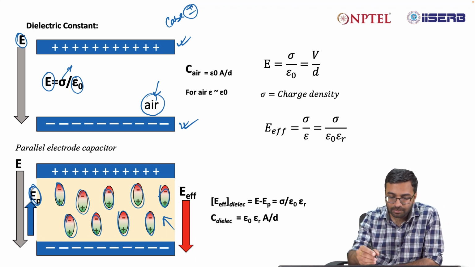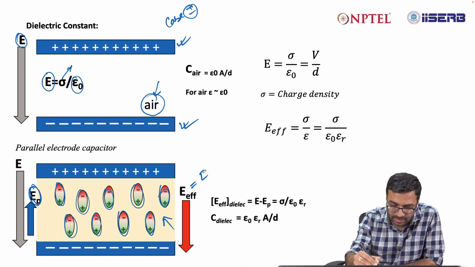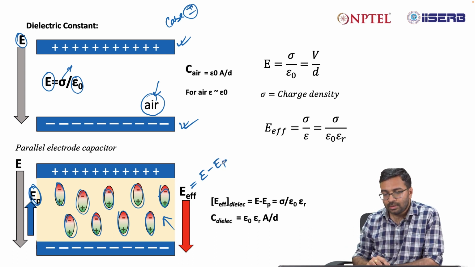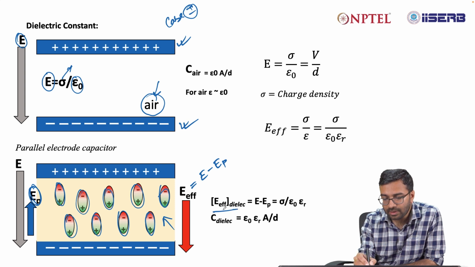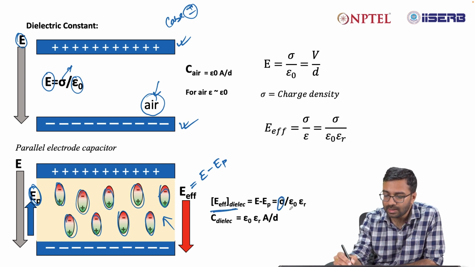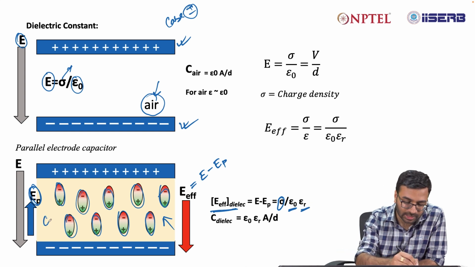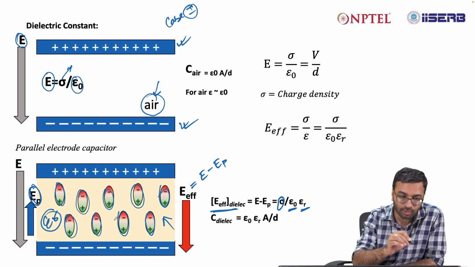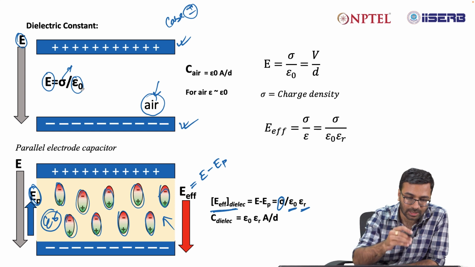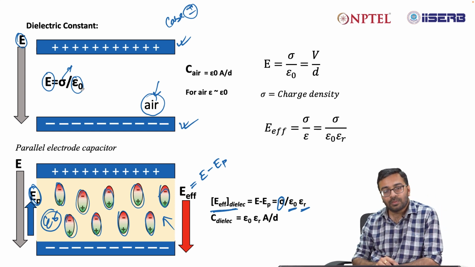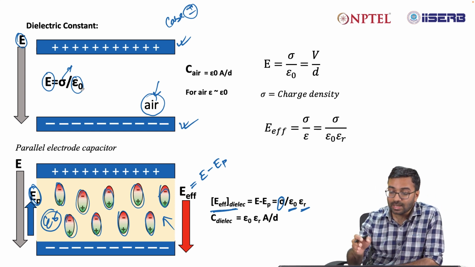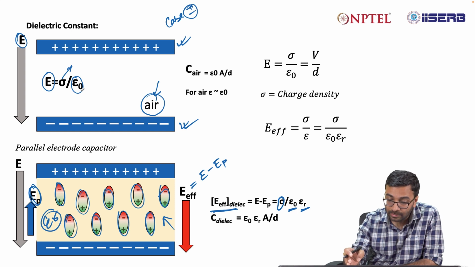Now, the effective electric field is E minus EP. So, the effective electric field can be given by sigma divided by epsilon 0 into epsilon r. Epsilon r is the dielectric constant of this new material. Previously, it was epsilon 0 because it was air. Now, it is epsilon 0 into epsilon r.